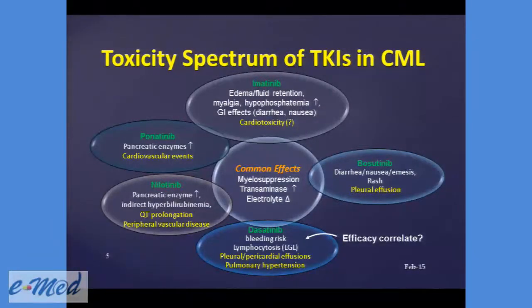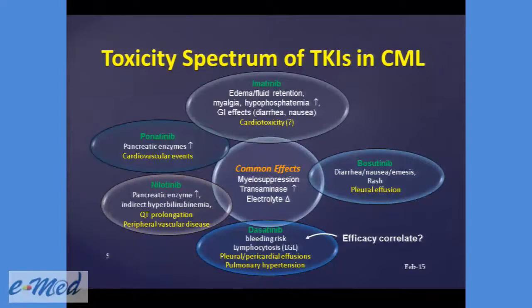This cartoon gives an idea about toxicities common to all TKIs and those unique for specific ones. In the center, you can see the common ones, like myelosuppression and liver enzyme and electrolyte disturbances.